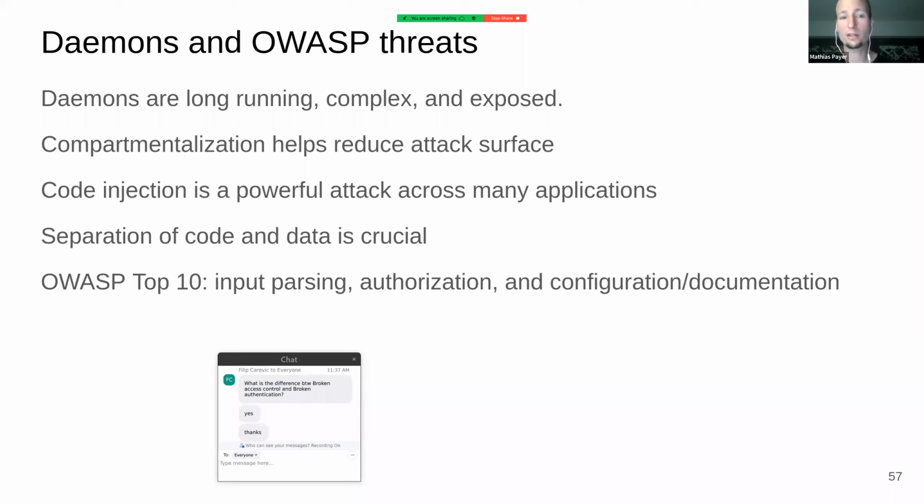Isolation and separation of code and data is crucial, and from the OWASP top 10, if we translate this into top 3, the issues are input parsing, authorization, and different kinds of issues with configuration and documentation. I hope this gave you a little bit of an overview of the different threats in web applications or web frameworks, and allows you to connect the knowledge you have learned in this class from the other parts, the basics, mitigations, and testing, towards web applications as well.